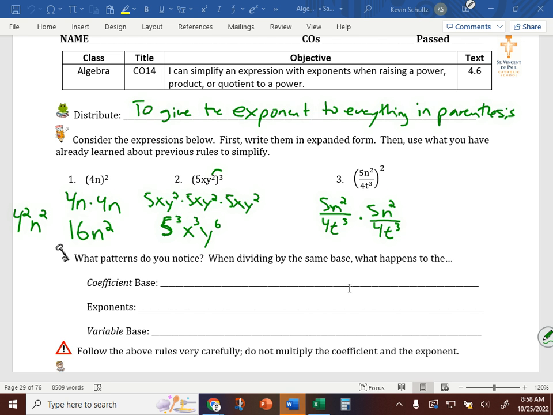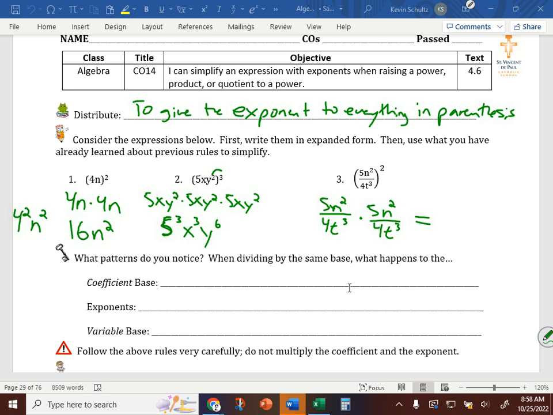Right? We're multiplying something times itself, whatever that exponent is attached to. That outside power of 2 is attached to everything in parentheses. So we're literally multiplying that times itself. And let's just multiply fractions, right? We can go straight across.